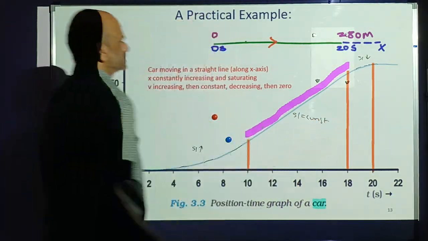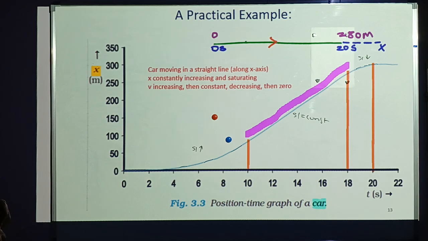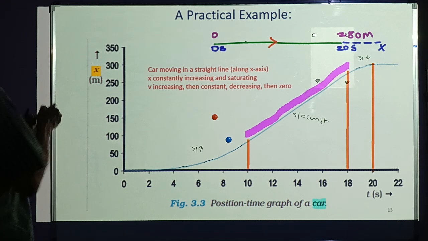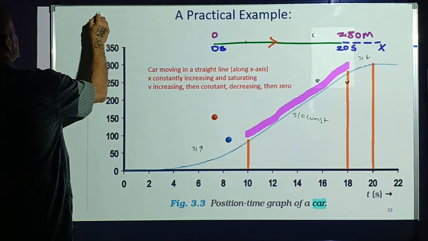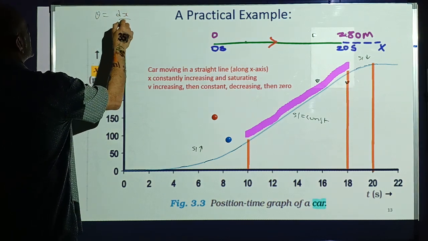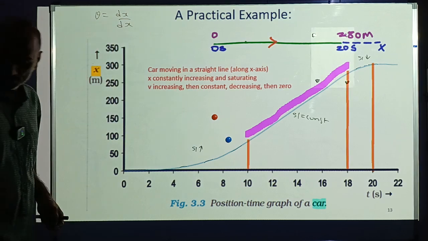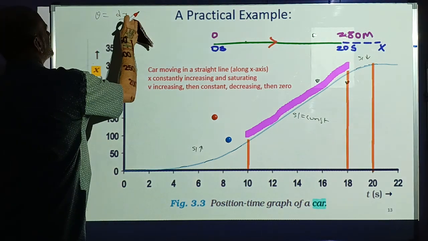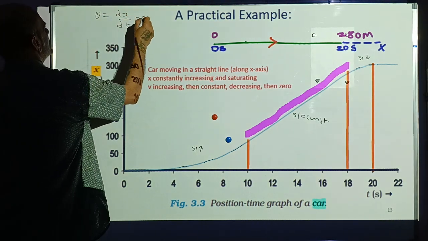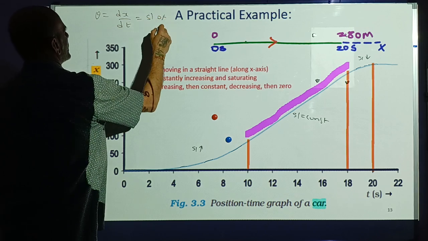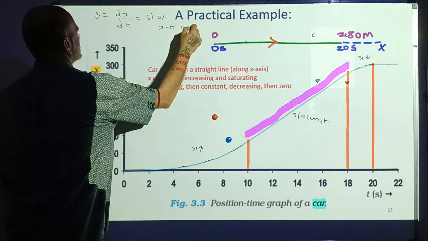So given this xt curve, we can find the vt curve using the relation that the velocity is dx by dt, which is the slope of the xt curve.